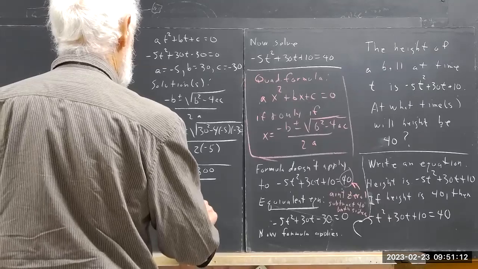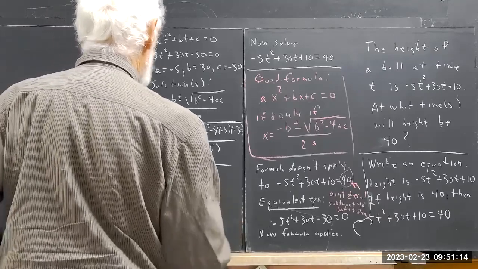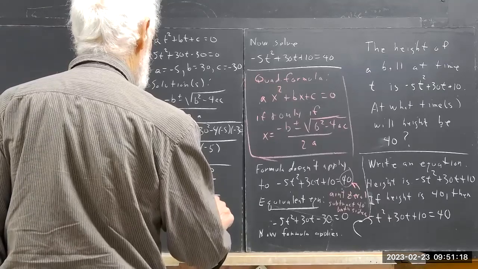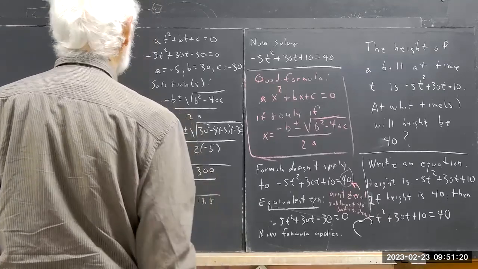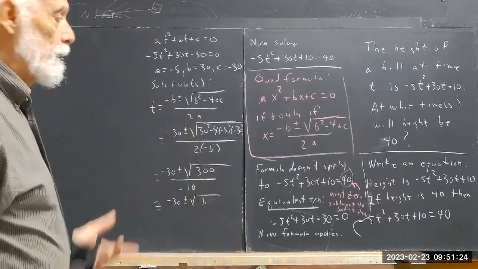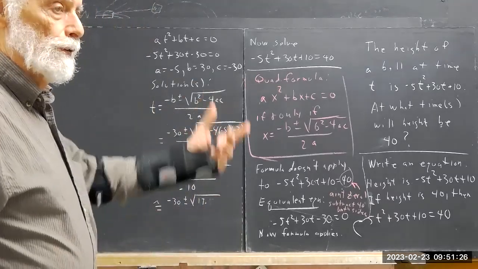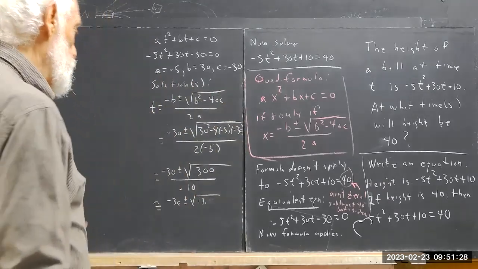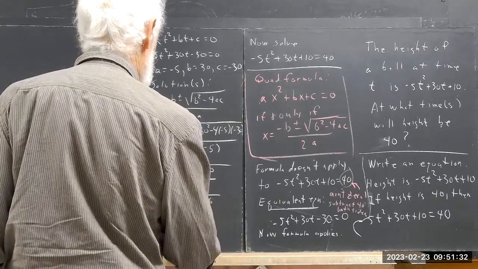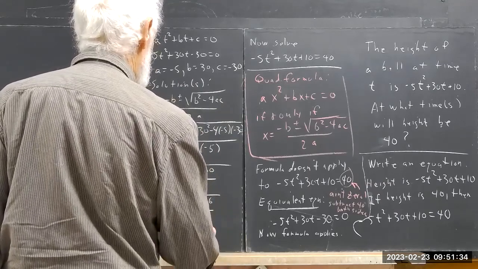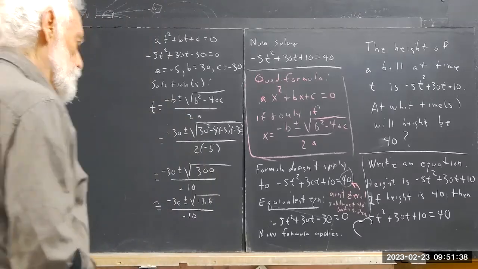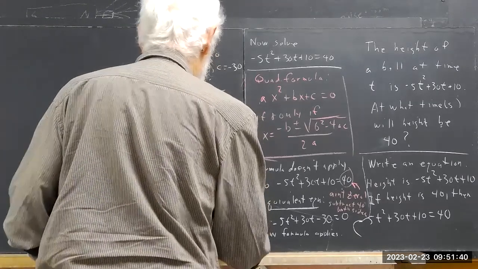approximately negative 30 plus or minus the square root of 17... it's now 17.5. 17 squared is 289, 18 squared is 324. It's going to make this about 17.6. And that's wrong, it's more like 17.4.